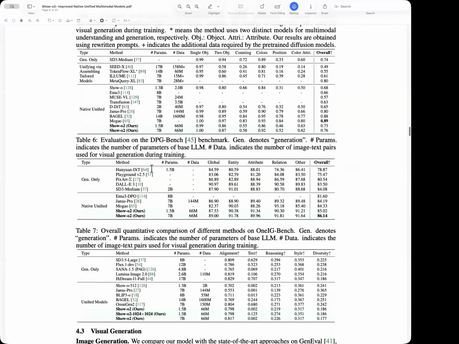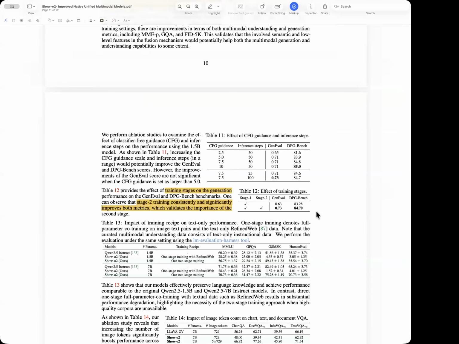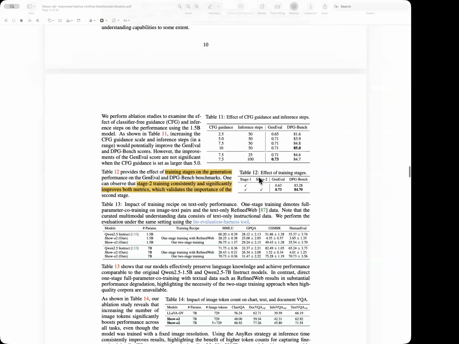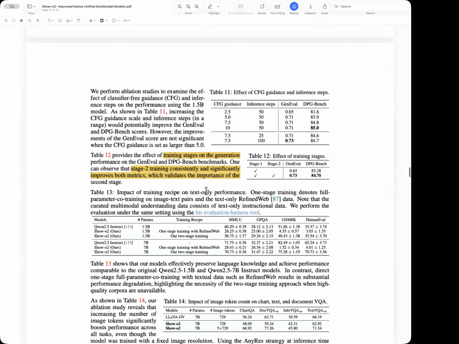Let me look at these ablations real quick. So fusion helps. They talk about their two-stage approach, which was one of their other takeaways. It's two stages of training, and if you only have one stage, it doesn't perform as well.